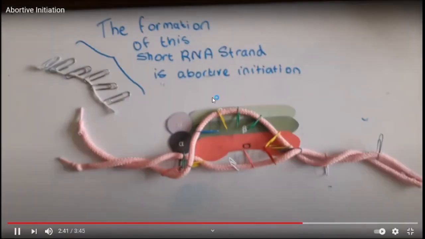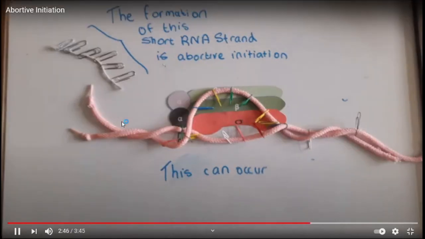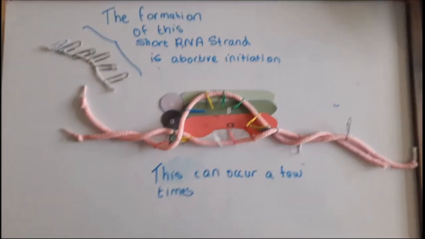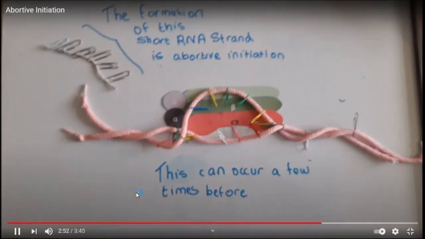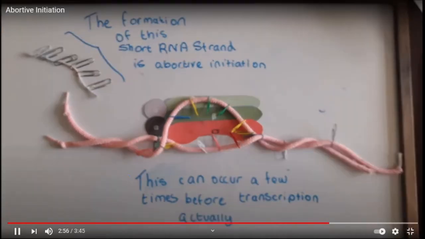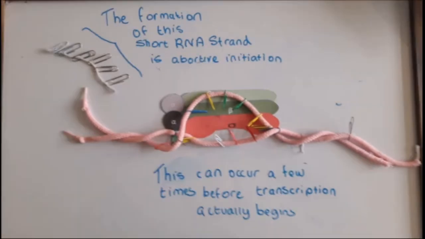Because RNA strands are formed and then released from the RNA polymerase to release the stress, this is called abortive initiation. Now this abortive initiation can occur a few times before the transcription actually begins.